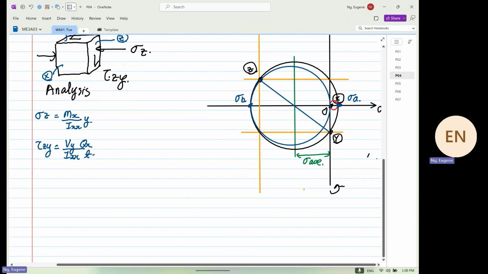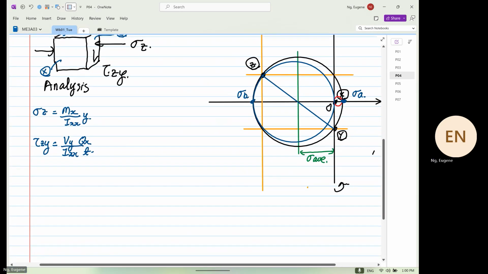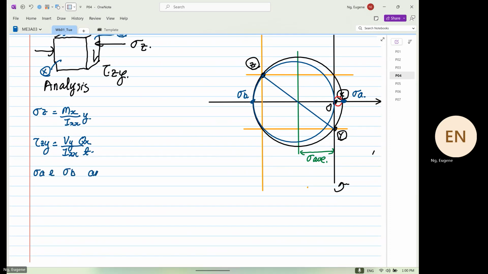Stress A and stress B are the what? Principal stresses based on the what? Analysis.